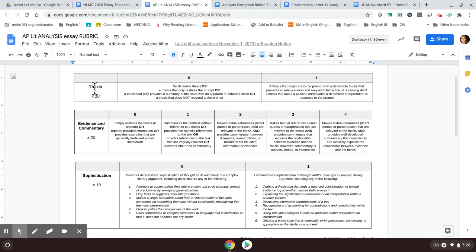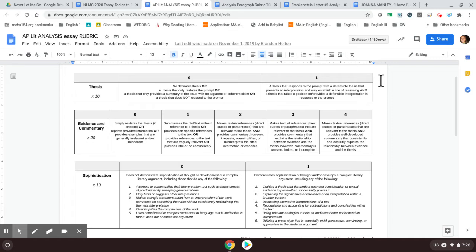And if you disregard the little multipliers here and you just look at the numbers on top, the numbers all the way over to the right will add up to 6. So the AP now uses a rubric that only evaluates your essay based on 6 points.